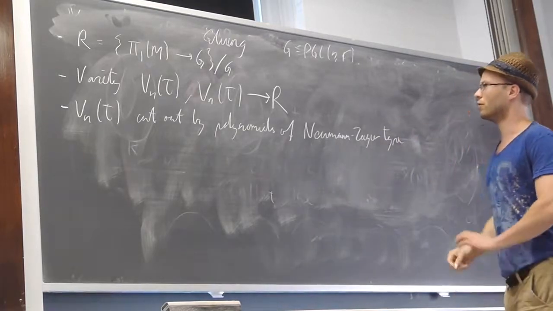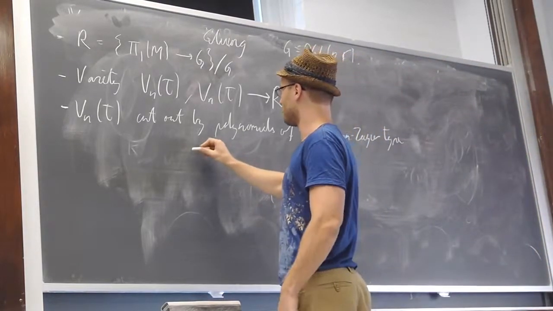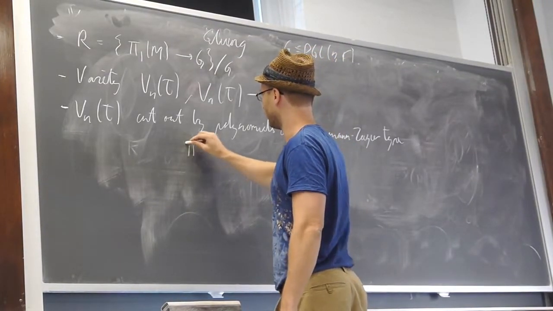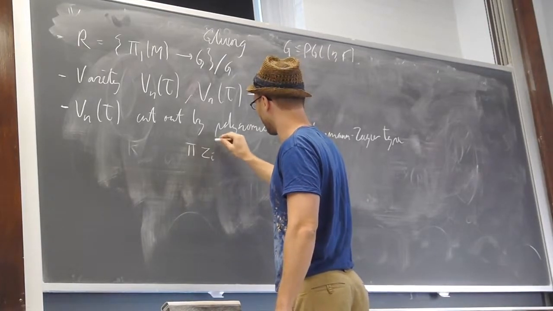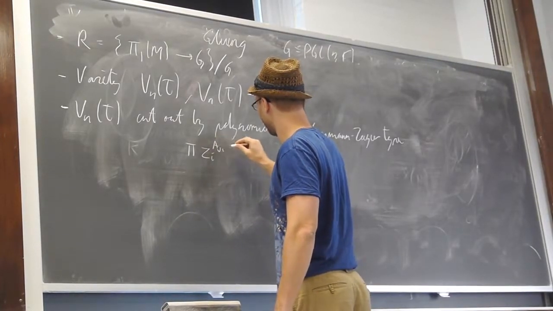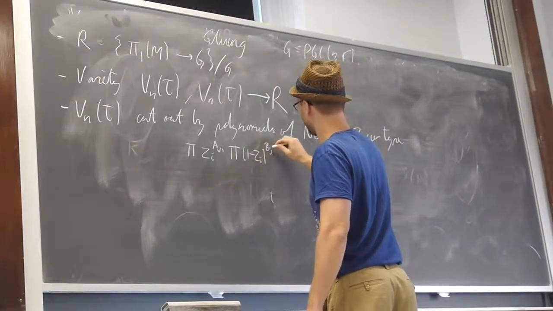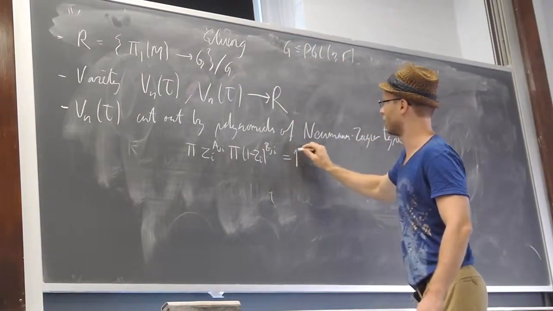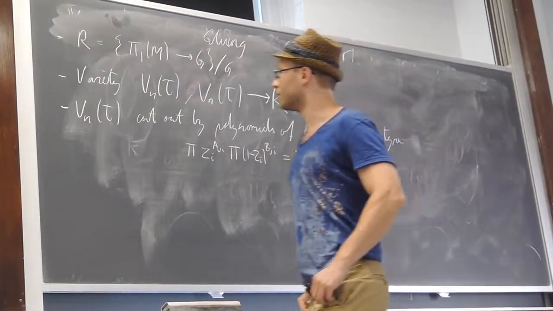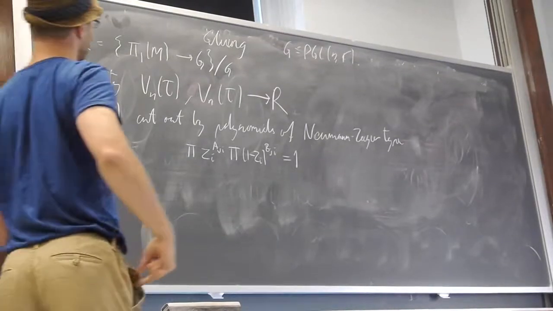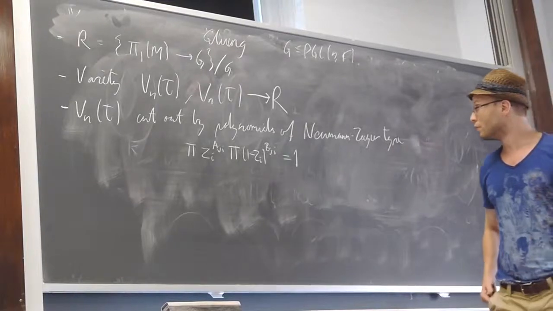If you're familiar with Thurston's gluing equations, you know that they can be written in this form. This system has very special symplectic properties.